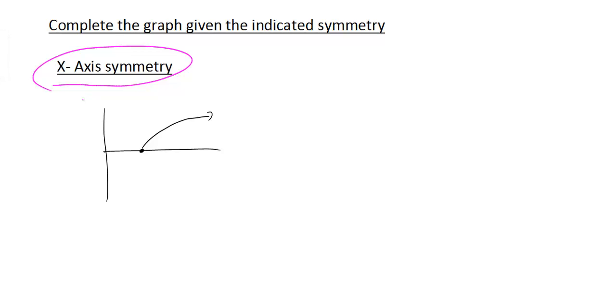Well, if it has symmetry with the x-axis, then that means that if x, y is a point on the graph, then also the point x and the same negative y would be on the graph. So basically our graph would continue down here like this. So we would have this point here, which would have the same x value but with the opposite y value.